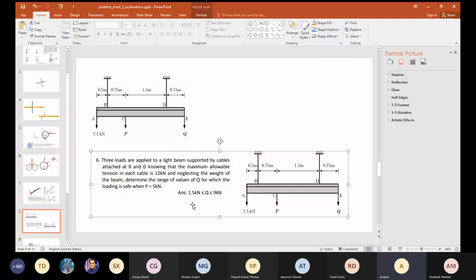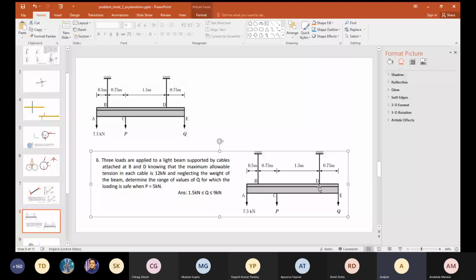That is the whole point of this question. We have to find out the value of Q. P is 5, A is 7.5, such that TB is less than or equal to 12, and TD is also less than or equal to 12. So first of all, let us draw the free body diagram, which is very straightforward for this.